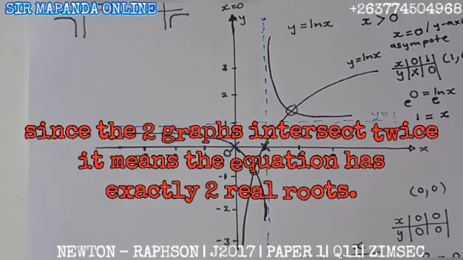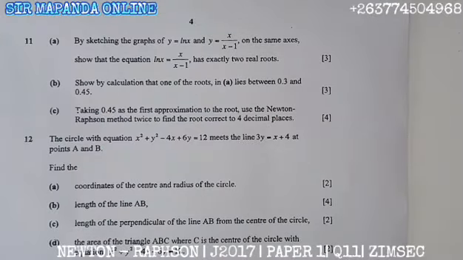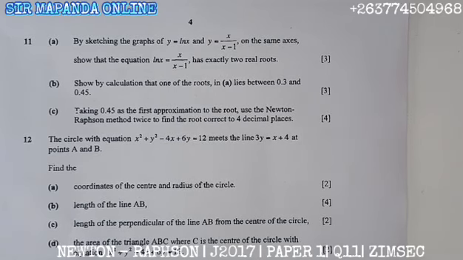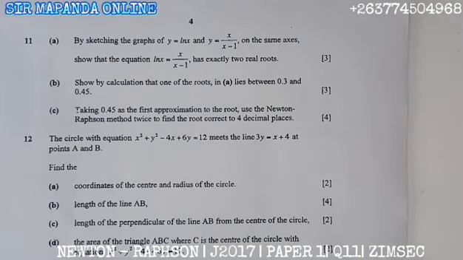Let us move on to part B. It reads, show by calculation that one of the roots lies between 0,3 and 0,45. 3 marks, right? So this is very simple. This is a functional notation, the functional notation that you did at O level, right?